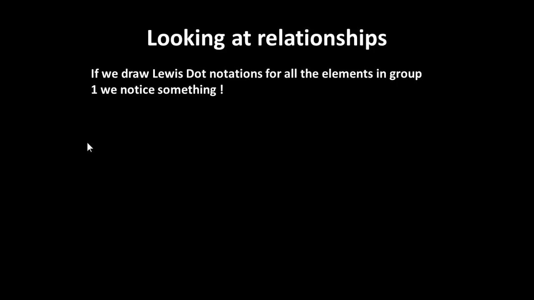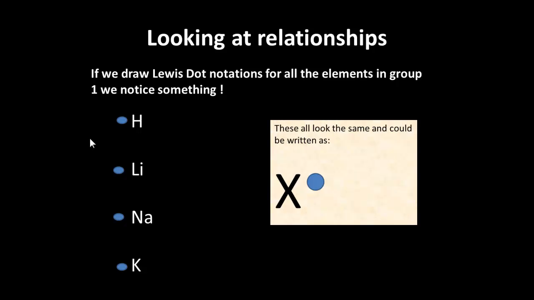So let's start off with group 1. That's the group right over on the left hand side of the periodic table, and you can see if we do Lewis dot diagrams, they all end up with one dot, one electron in the outer highest energy level. So we could represent all of those with just that one single dot, with X as the kernel to anything in that group.